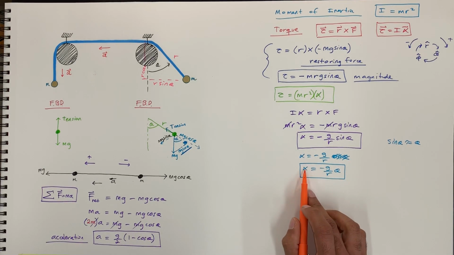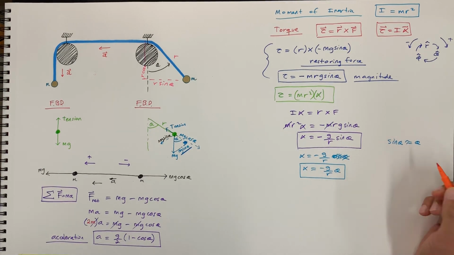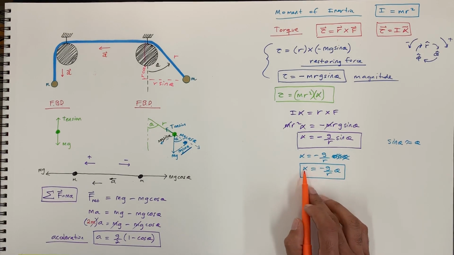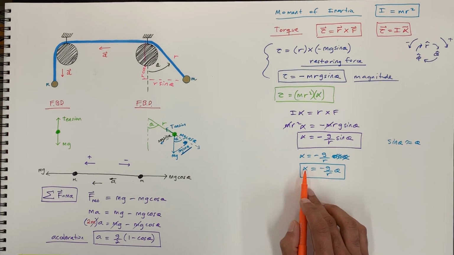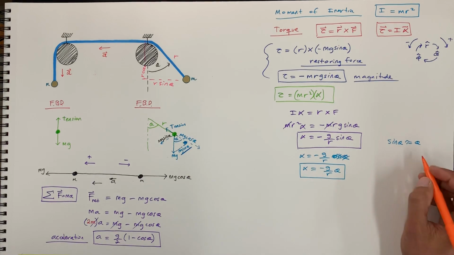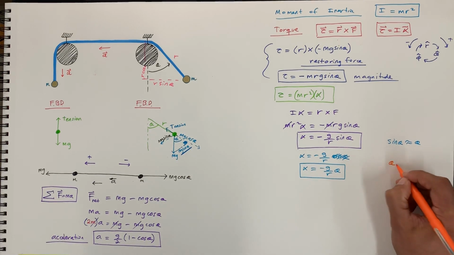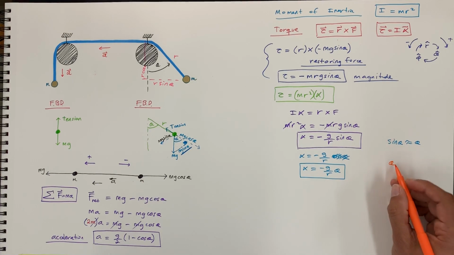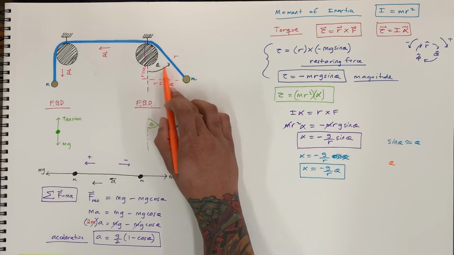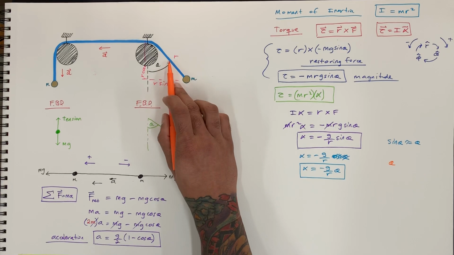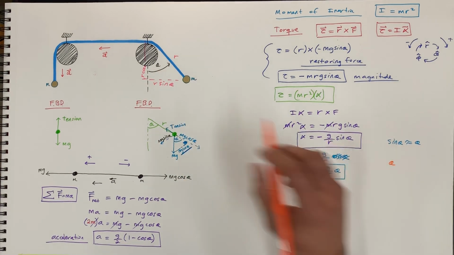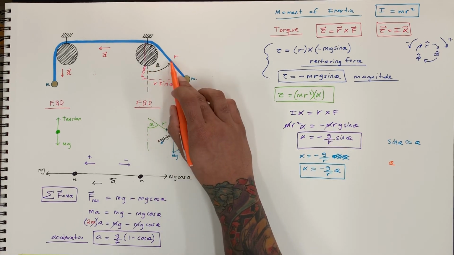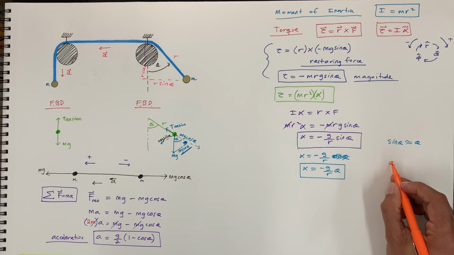So when we talk about angular acceleration or angular velocity, we're looking at theta. Theta is just the angle that we're moving at, and if we want to know the velocity, how fast we're moving, then we need to take the derivative of theta.